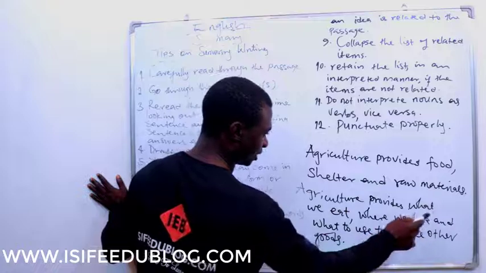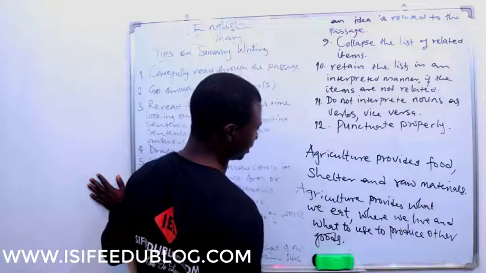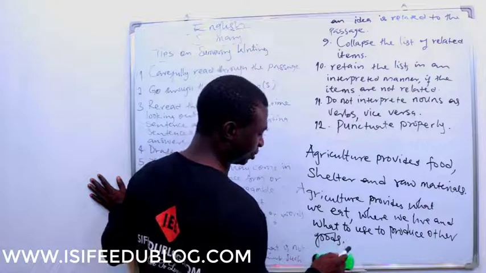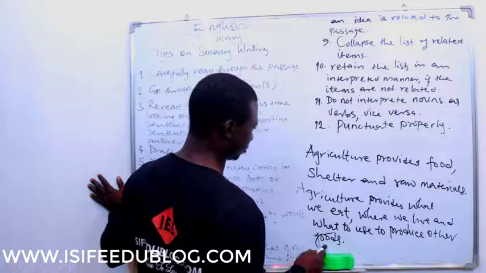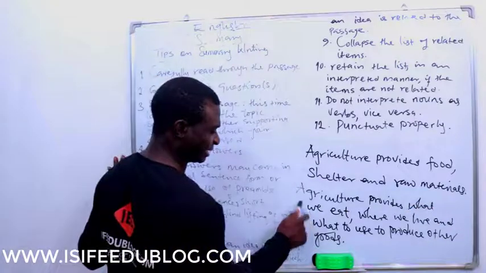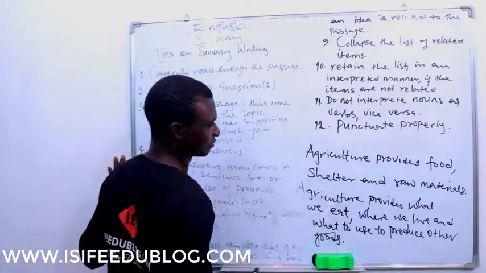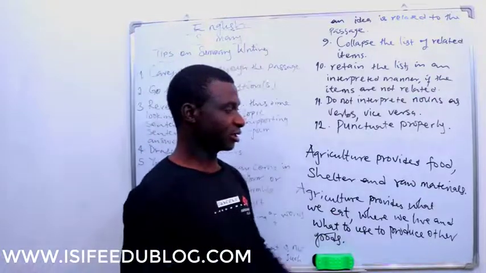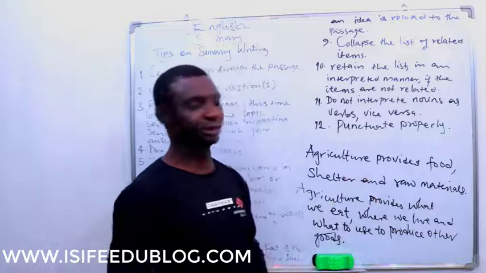Where we live is shelter. And what we use to produce other goods is raw materials. So you see that we have summarized this using this. But we did not collapse the list. The items are still there.